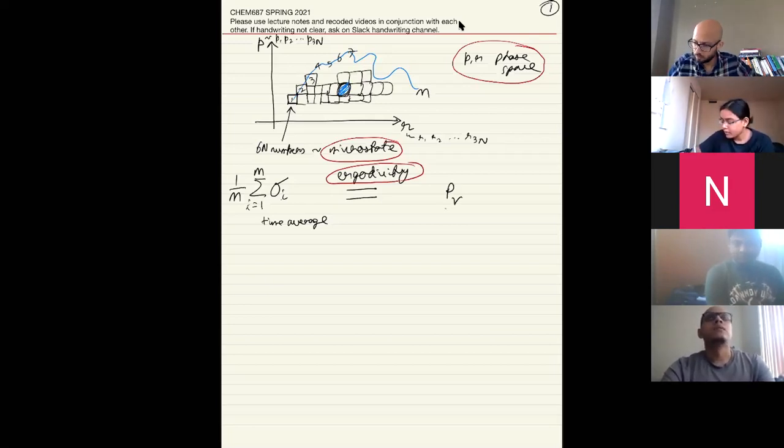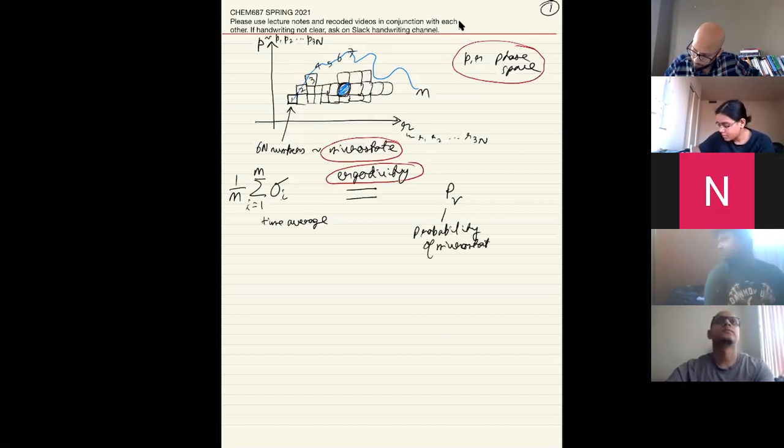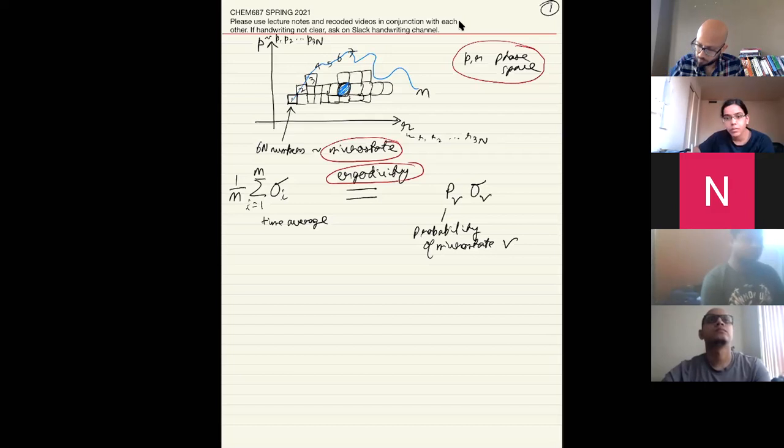P_nu is the probability of microstate nu, so a particular value of R comma P, and then take the value of that observable in this microstate and then sum it over all microstates. This one is an ensemble average.